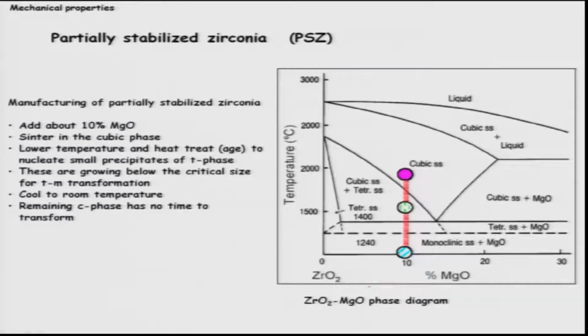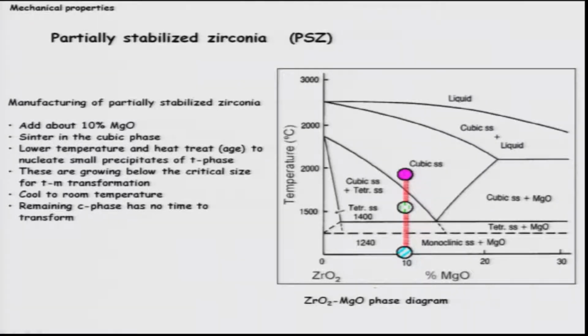As you see, our cubic phase is stabilized down to a temperature of 1400 degrees Celsius. You can clearly see that the tetragonal phase is also stabilized at lower concentrations of magnesia, and obviously you cannot get rid of the monoclinic phase even at low temperatures. That is clearly shown on the magnesia-zirconia rich part of the phase diagram: cubic plus tetragonal, and monoclinic exists, monoclinic plus magnesium oxide. Let us not bother about these dotted lines, these are metastable extensions.